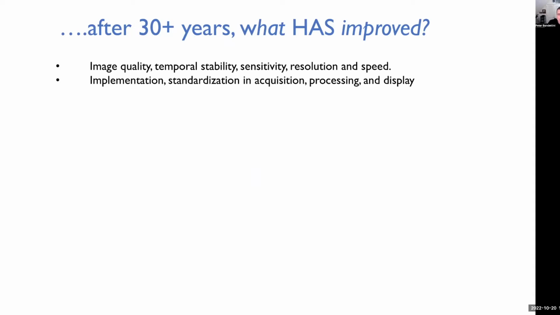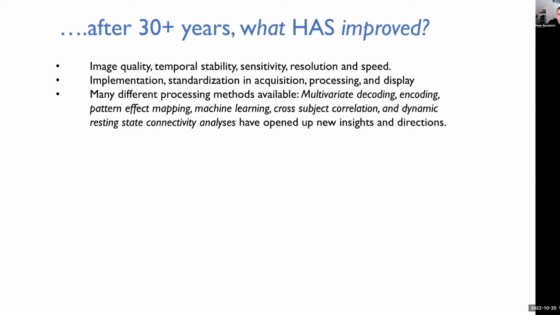The implementation and also the standardization of the acquisition, processing, and display have improved as well. More groups are doing it. There's more standards. There's an explosion of processing methods that are much more robust and adaptable and potentially more sensitive than simply univariate analysis.